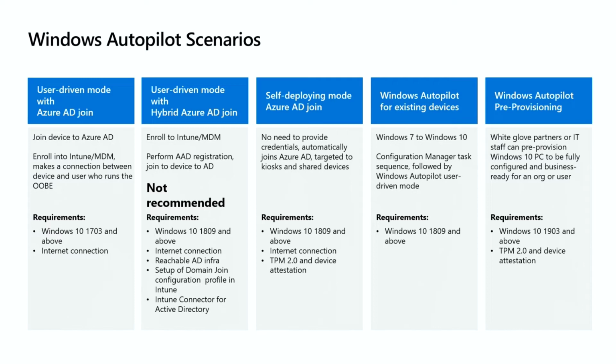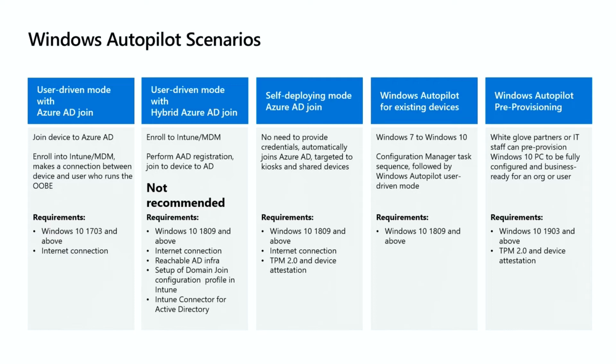Once that's done, there's a button on their screen that says reseal. They click that, and the device is sys-prepped and sealed. They box the device up and ship it to you. You receive it, unbox it, turn it on, and sign in with your credentials, and it's just like the user-driven scenario that I mentioned earlier.